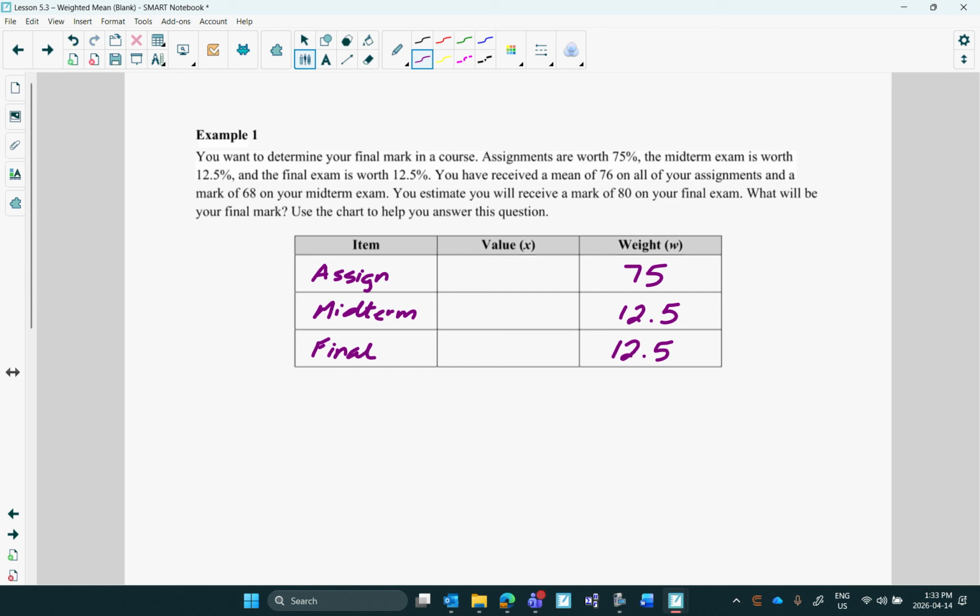Now, what are the marks we got in each category? We got 76 on the assignments, 68 on the midterm, and you think you're going to get 80 on the exam. You haven't written the exam yet.